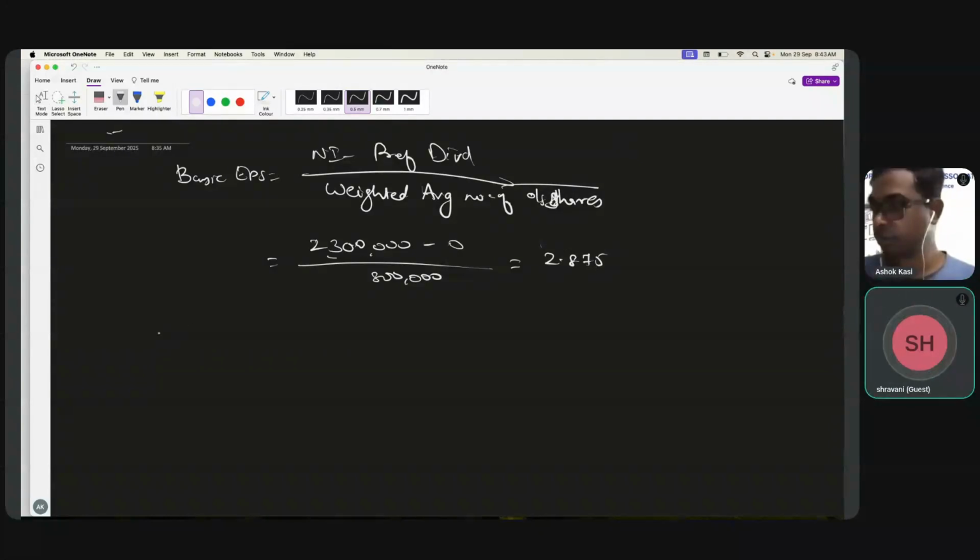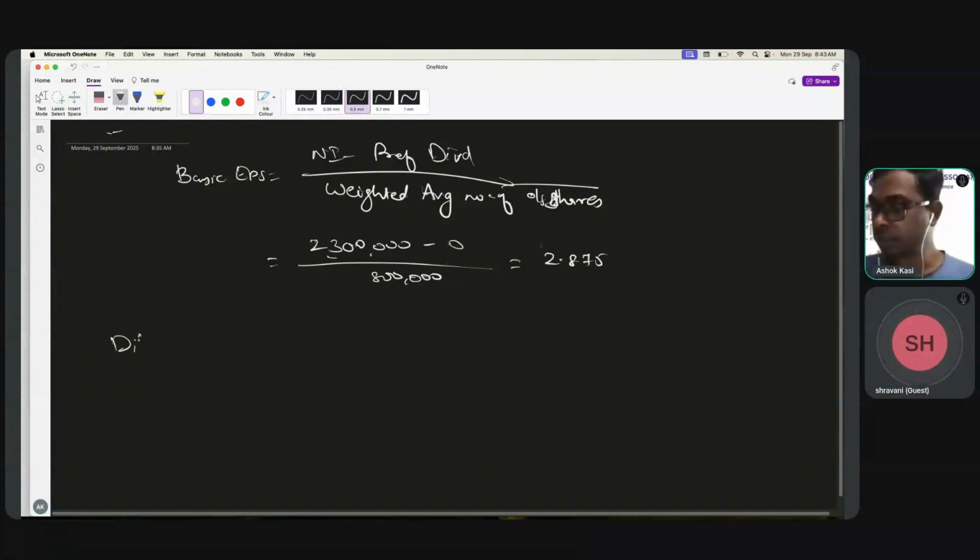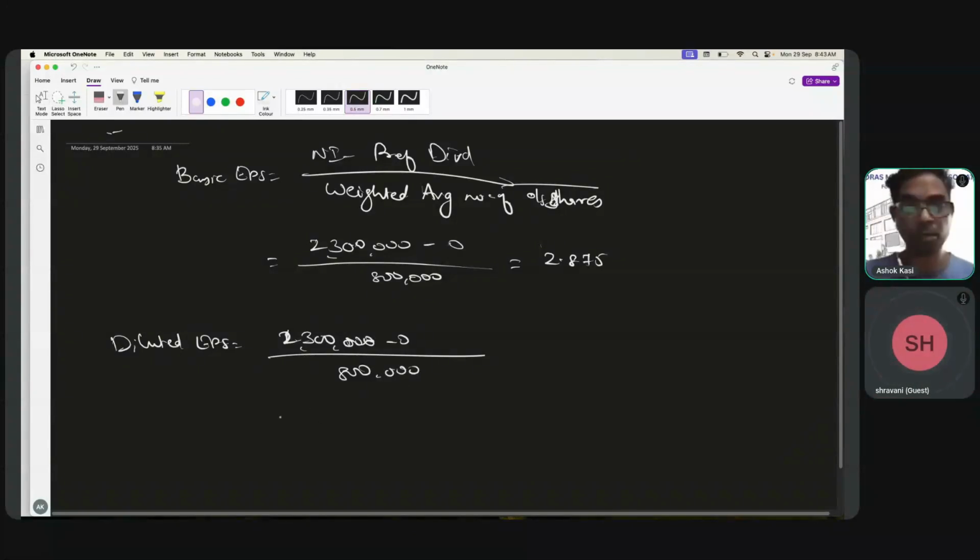Okay, so that is basic EPS. Then diluted EPS. Diluted EPS is equal to, again I'll write the same numbers. Now I'll make the changes. I'll modify it, right? So now they said 30,000 options, with an exercise price of 35.